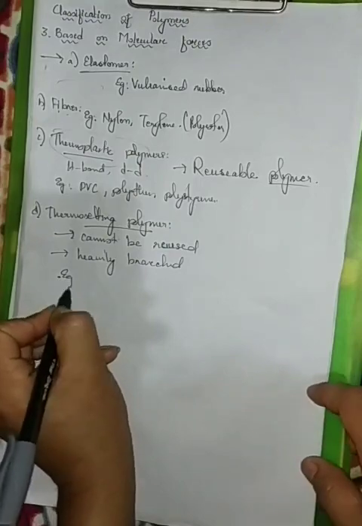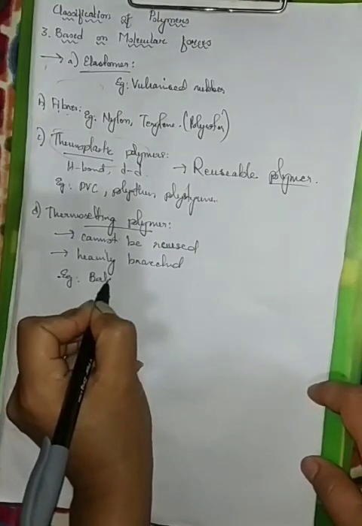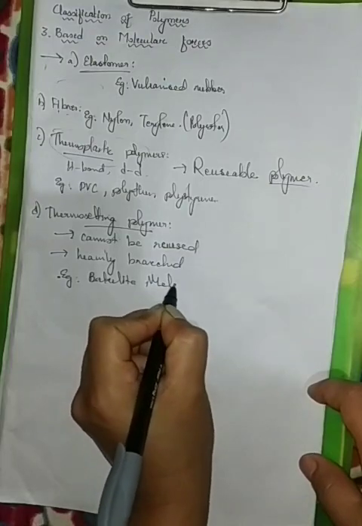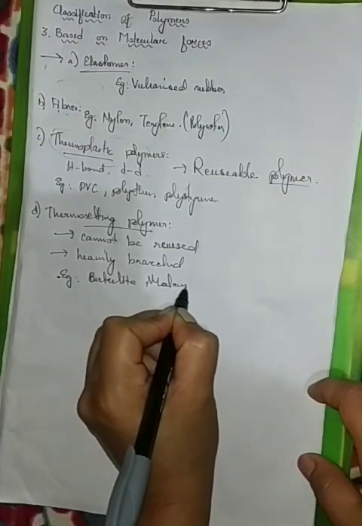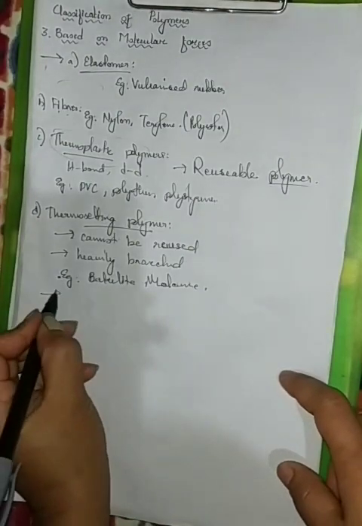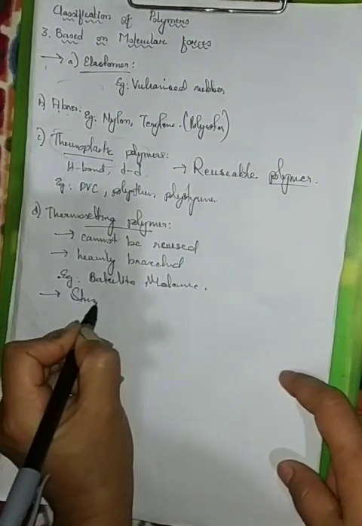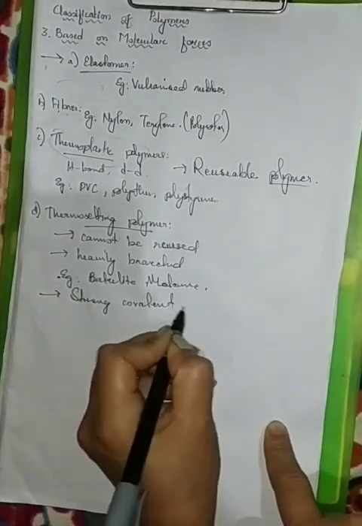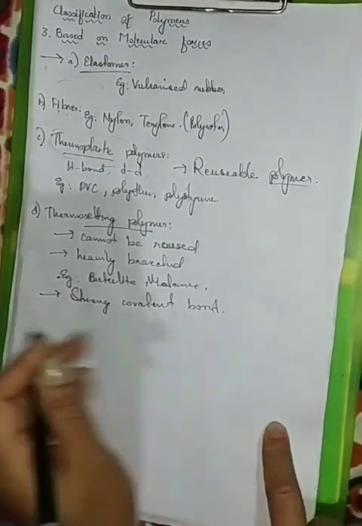For example, bakelite, melamine, etc. And in thermosetting polymers, the forces of attraction are strong covalent bonds.